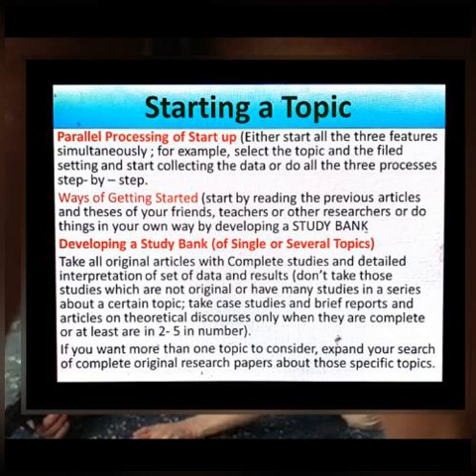Now, what is the parallel process? That is either start all the three features simultaneously, for example, select the topic and the field setting and then start collecting the data, or do all the three processes step by step. So it's up to you whether you do all the three steps at one time, or you do all the three steps step by step.